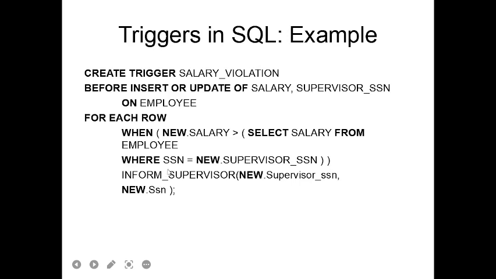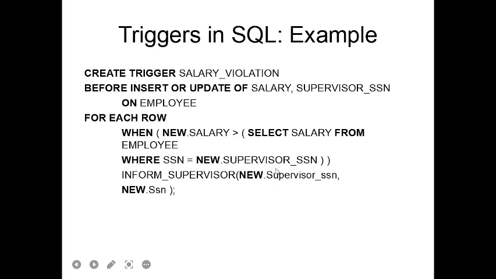That is to inform the supervisor, invoking a stored procedure with arguments new.supervisor_SSN, new.SSN. So we are passing this supervisor's SSN and new SSN to this stored procedure, and that will actually inform the supervisor about this.